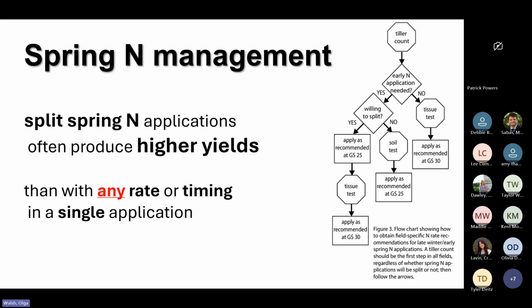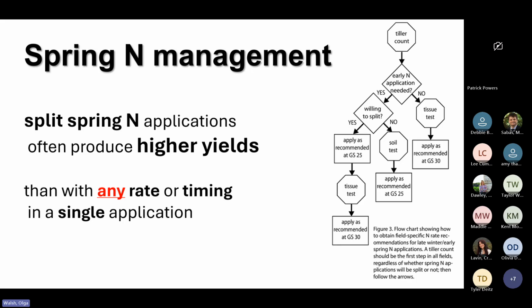And so spring nitrogen applications often produce higher yields than can be produced with any rate or timing in one single application. So that's why split spring applications are typically better and produce higher yields.